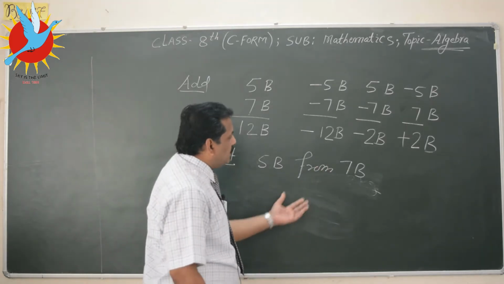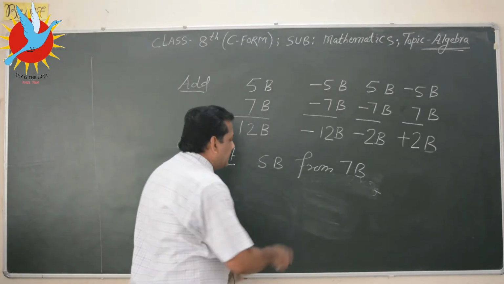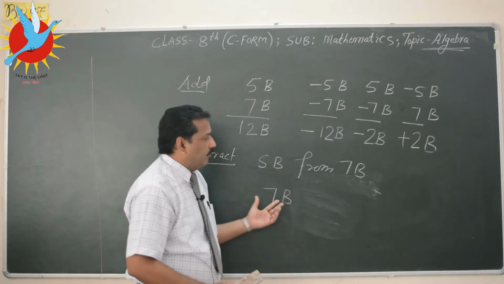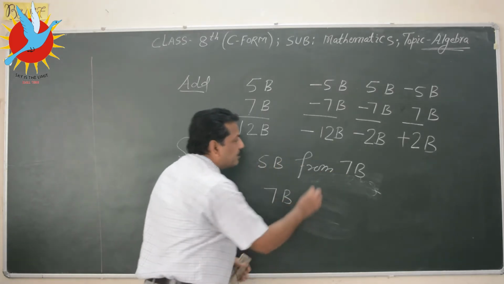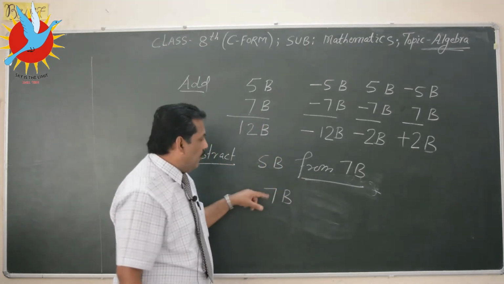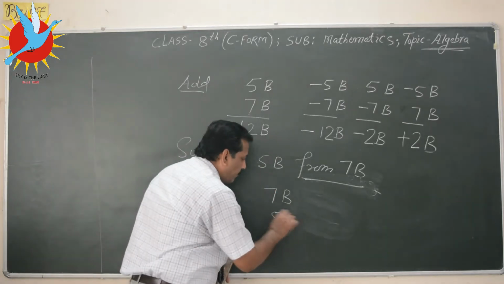From 7b means we have to subtract this from this. So write it in the first row, 7b, because we are going to subtract this from this. So the part starting with from will be in the first row, and then this 5b.